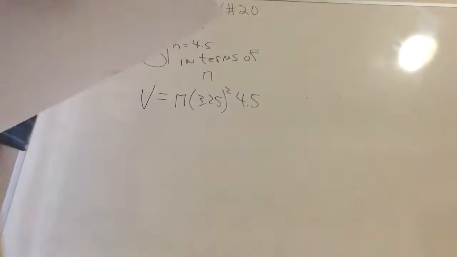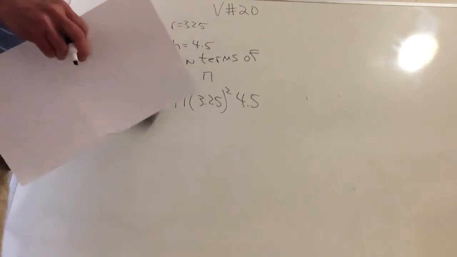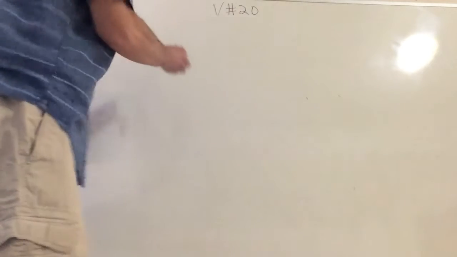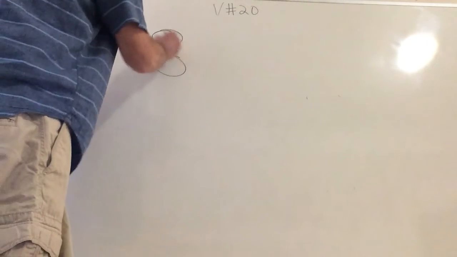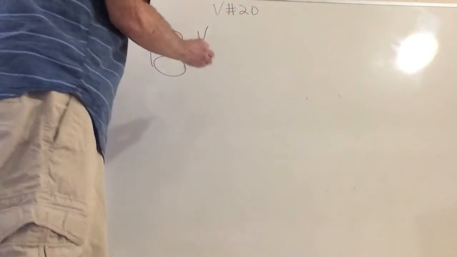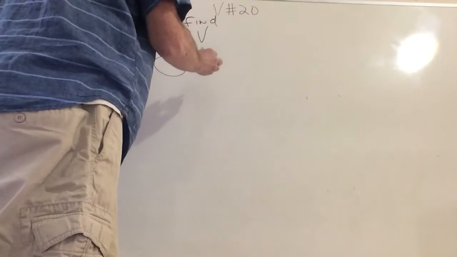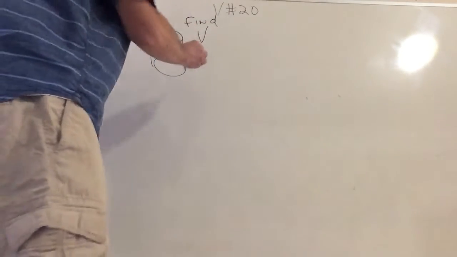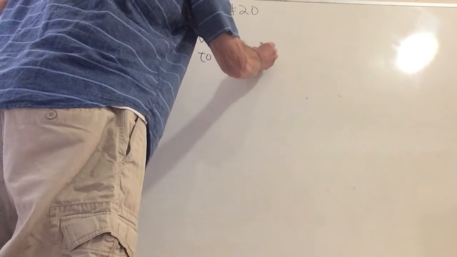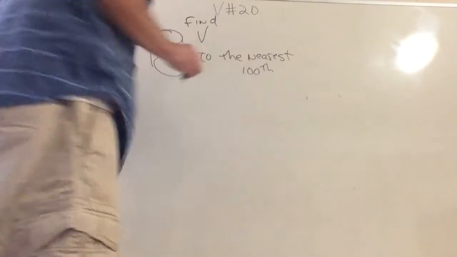So the other brand of math that I said we were going to do, that's not in terms of pi, is if they give you a problem and say they want you to find the volume of a cylinder. We draw the cylinder and they say find V, and then they say not in terms of pi, they say to the nearest, typically, and we'll talk in detail about this on Monday, to the nearest hundredth, okay?